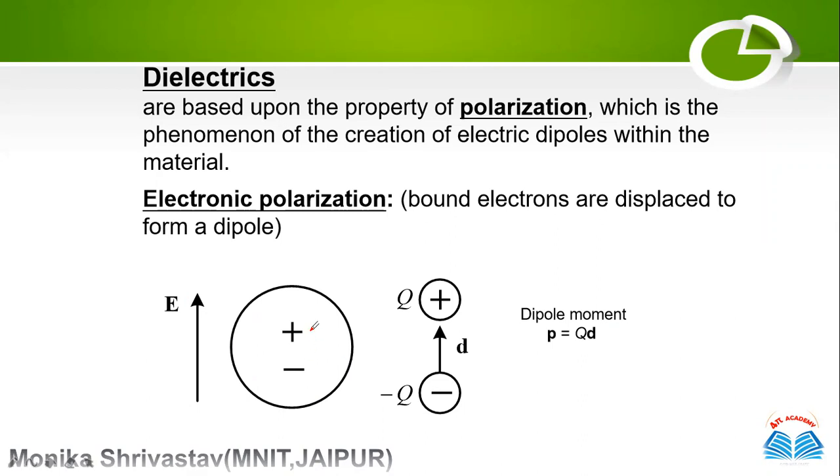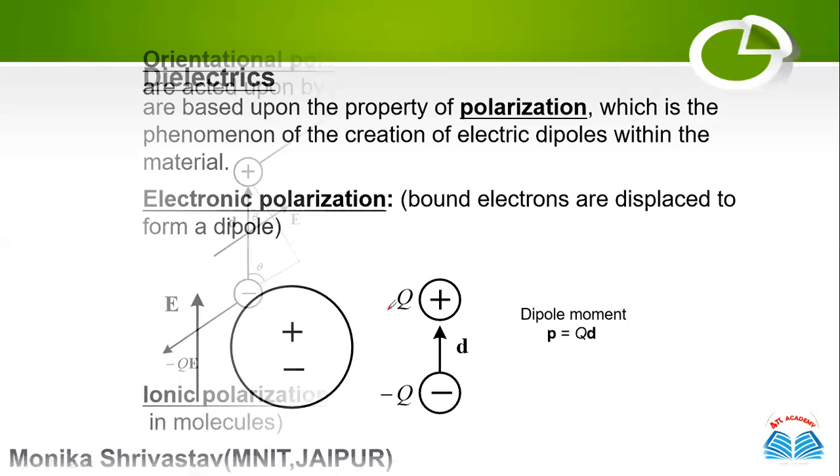One cloud will be all positively charged, and the other will be negatively charged, and they will create some infinitesimal distance d between them. This system is a dipole, and it will have the dipole moment P equals QD. So this is how a dielectric can be polarized.